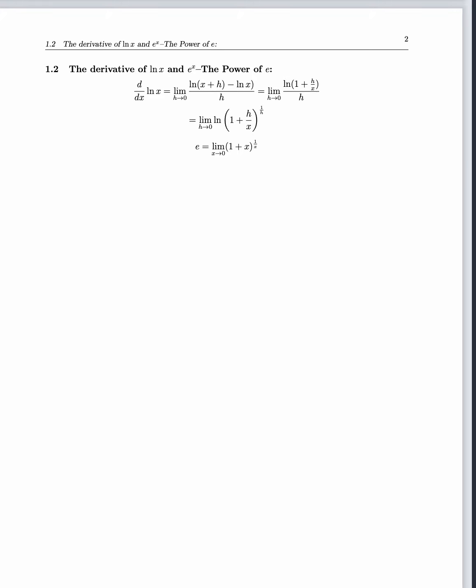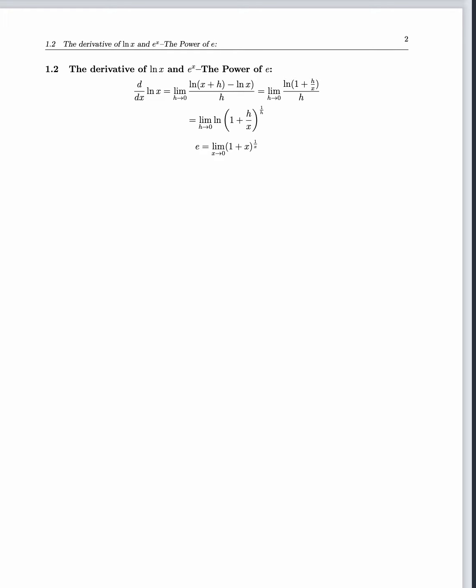Well, some insight would be to let m be equal to h over x. Then the derivative can be expressed as the limit. It's really annoying and tedious to write limit over and over again, I should just copy and paste it.